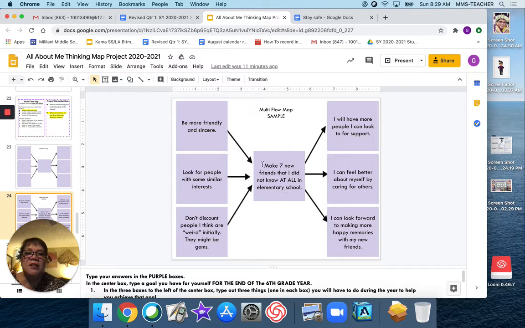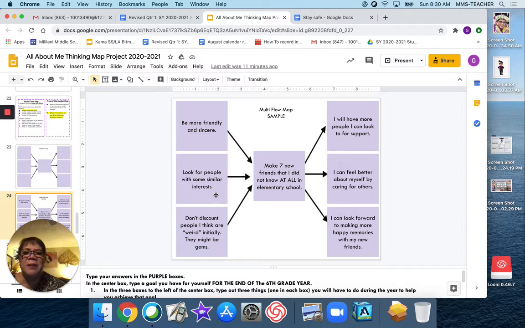Okay, so cause. Well, to be more friendly and sincere. Maybe that'll help me to make new friends. Or look for people with some similar interests. Okay, because I want to find friends that we have some similarities with, because if I don't have anything in common with them, then it'll be hard to strike up a conversation.